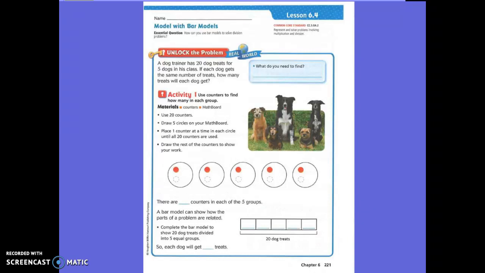Okay, what do we need to find? Bella? How many treats will each dog get? Okay, write it down. How many treats will each dog get?